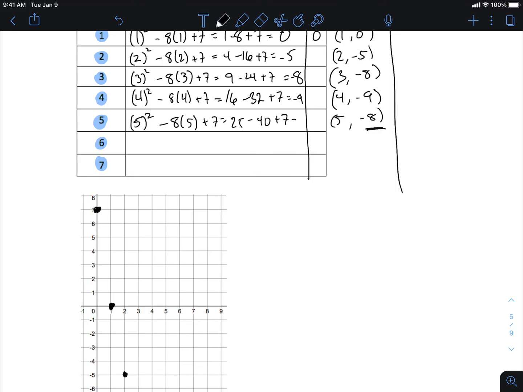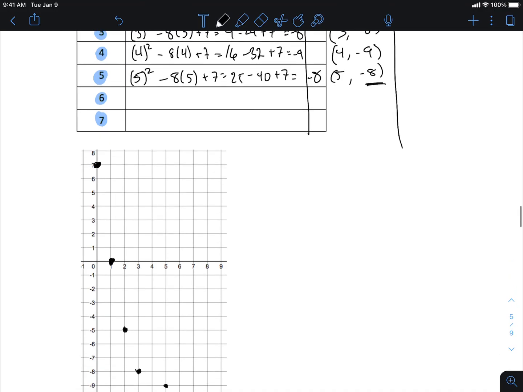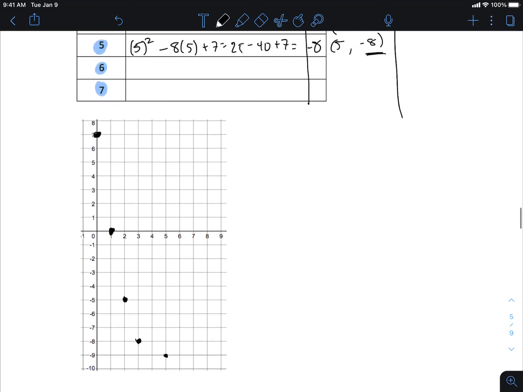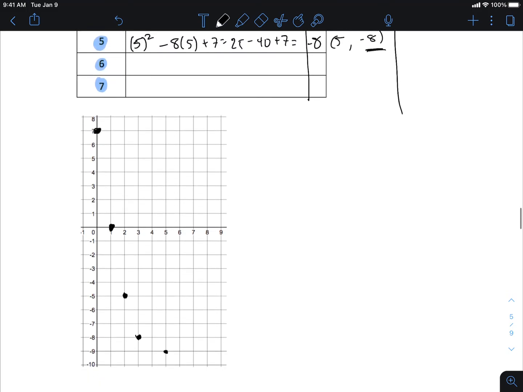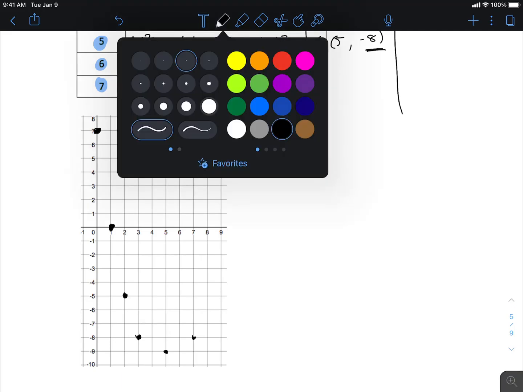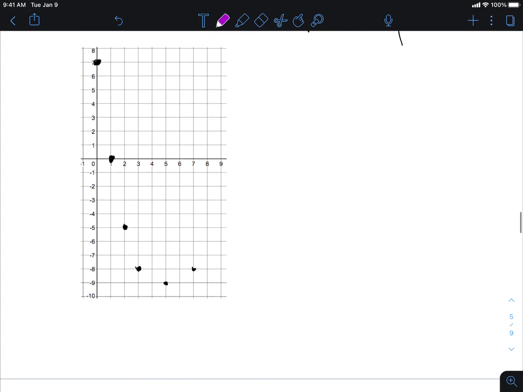Now your question to me is going to be, how did you do that before you did the math? This is what I like to call math magic, right? Because I'm starting to apply some of the tools that I've taught you from above. The tool in particular that helped me solve that without actually having to do the math was the fact that as soon as I saw this starting to taper off, I knew the vertex was coming.